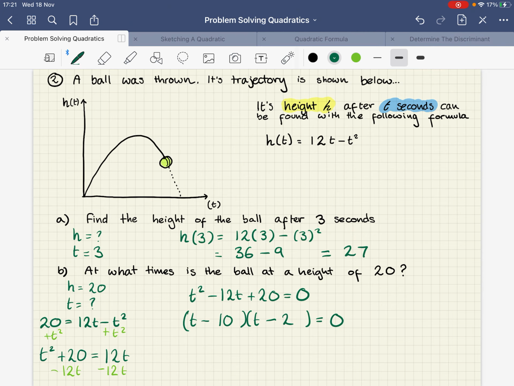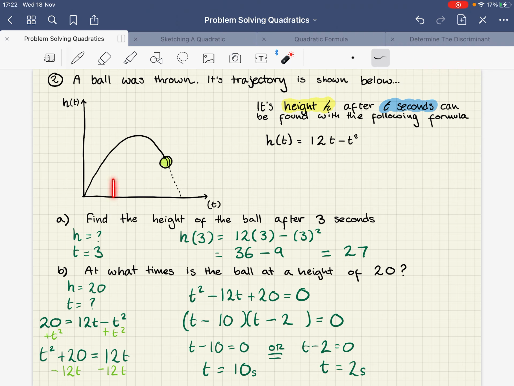Then setting both parts equal to 0, either t minus 10 equals 0 or t minus 2 equals 0. Rearranging that to have either t equals 10 seconds or t equals 2 seconds. So the ball is at a height of 20 at 10 seconds and then 2 seconds.